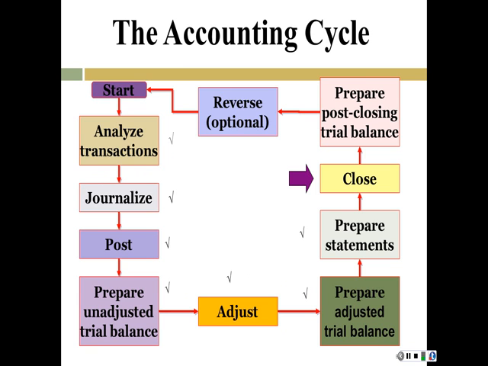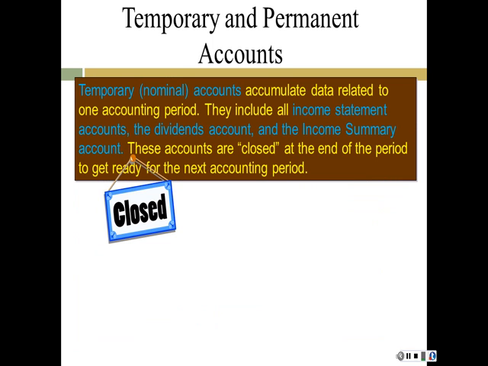So what exactly do we mean by closing? We have two types of accounts: temporary accounts and permanent accounts. Temporary or nominal accounts are accounts that exist for just one accounting period. These are your income statement accounts, such as revenues and expenses, the dividend account, and another new account called income summary, which we are going to be discussing.